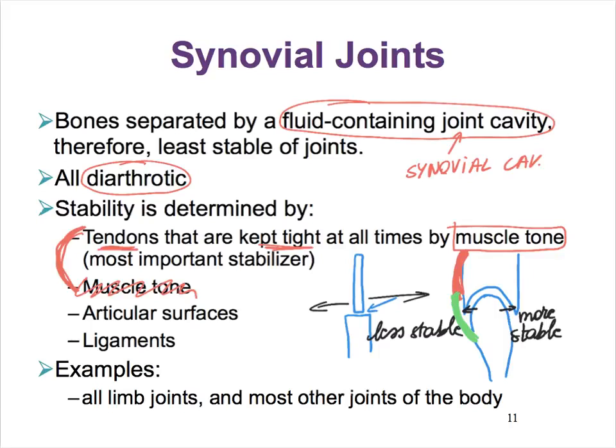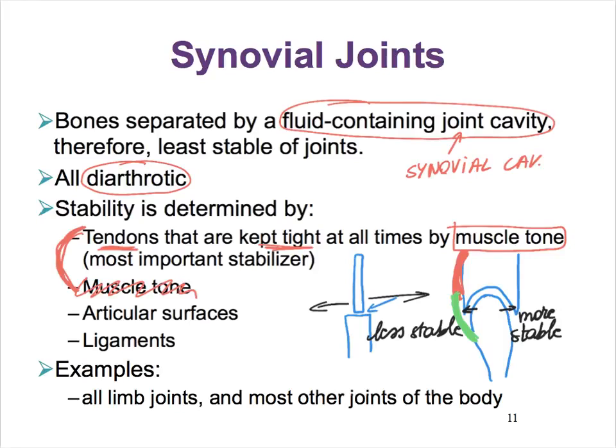This is the most important stabilizing factor, muscle tone, because of how it keeps the tendons taut or tight at all times. And there's another advantage to expressing good muscle tone, and that is that it allows us to react much faster to a stimulus.